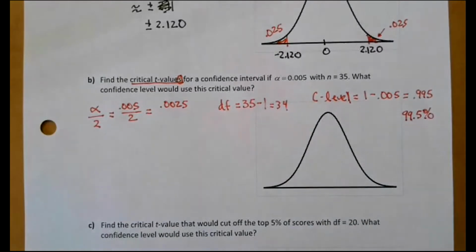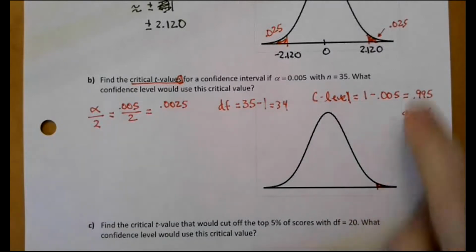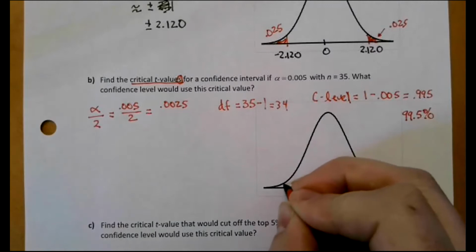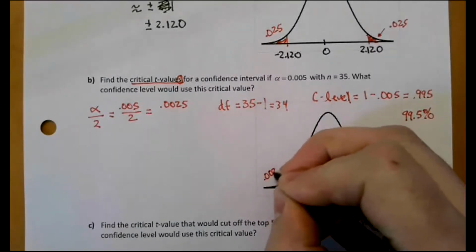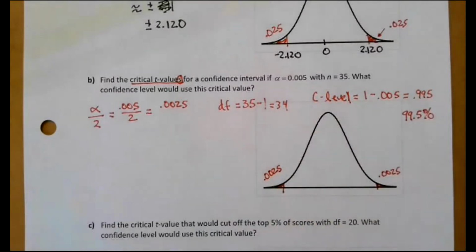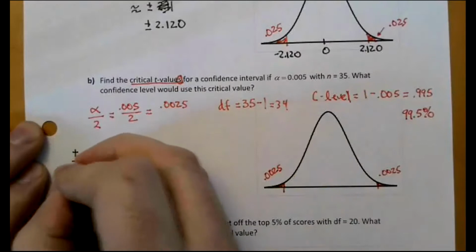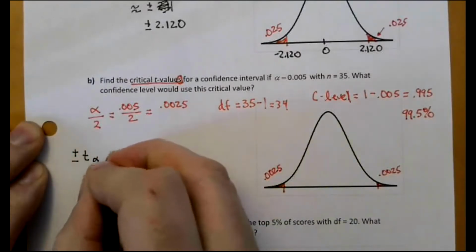Okay, we have everything we need. So if I'm drawing, I would probably try to show less area than the problem above, and this would be 0.0025. If I was grading a hand-drawn graph, I would not be particularly picky about how you draw it. And then I'm going to write down that we're going to find this plus or minus t alpha cut in half, comma, degrees of freedom.